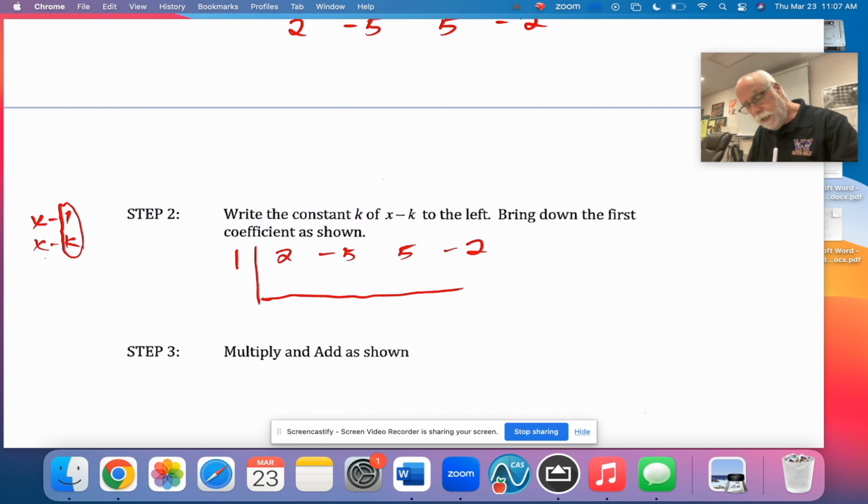And I always like to put a line in between the 5 and the negative 2 in this case, so the last two terms. And you'll see why I put that in there in a second. So let's go ahead and write that down. Put a line between the last two terms.